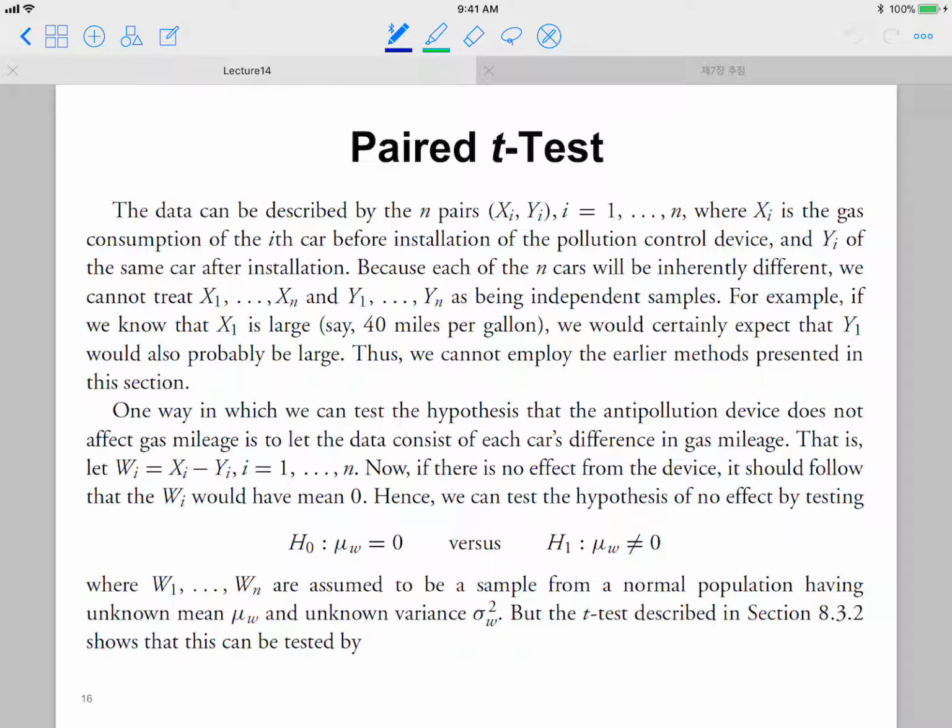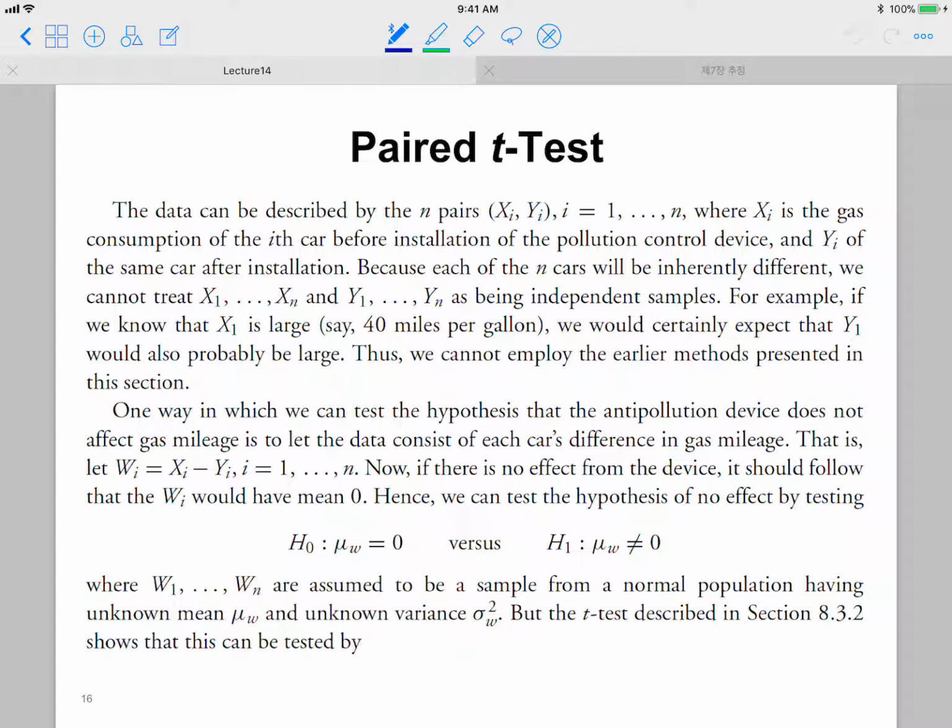Not sure if that is a good example, but these 10 people have moved to the U.S., and then we wait another 10 years and see if food or other lifestyle factors affect their height. So we have the same 10 people in the first sample and the second sample. That is the paired situation.